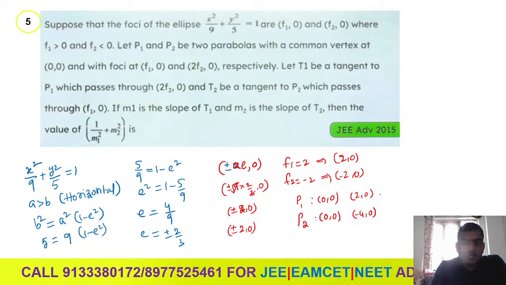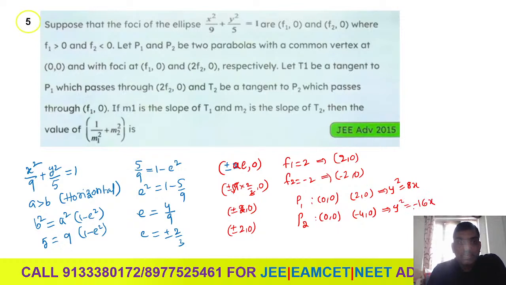So here, with a value 2, we get y square equal to 8x. Here with a value minus 4, y square equal to minus 16x.